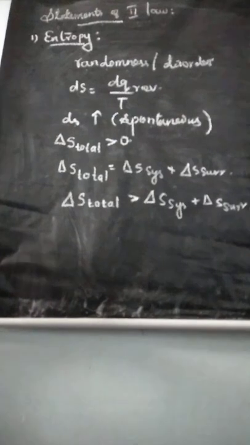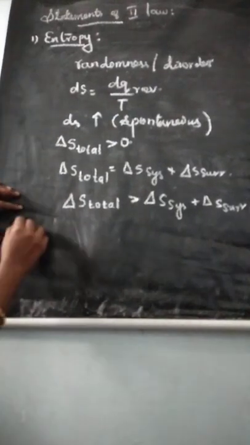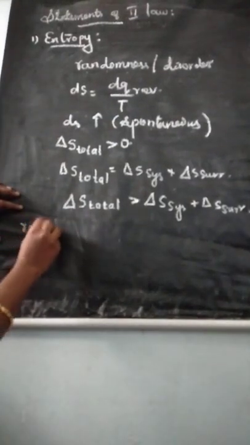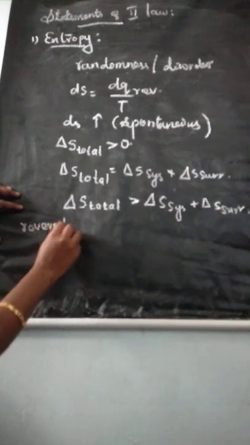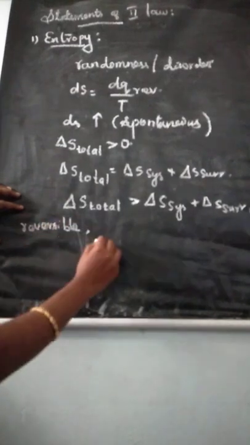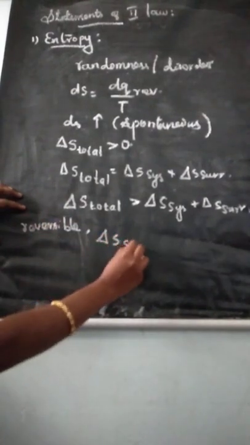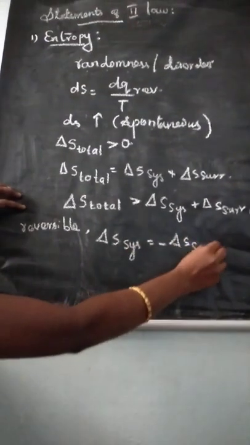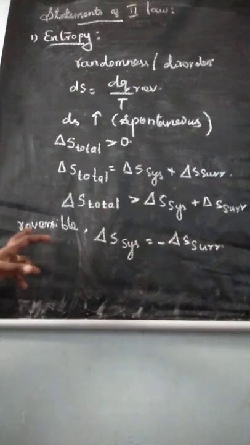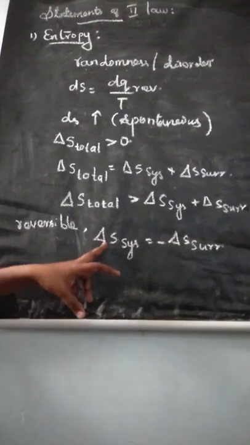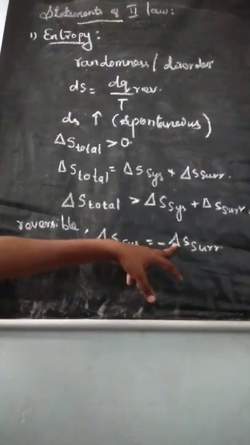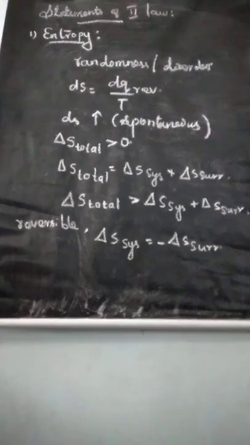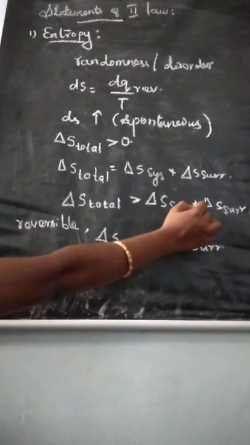Understand? For a reversible process, you already know in this topic that delta S system is equal to minus delta S surroundings. Just substitute this value here.